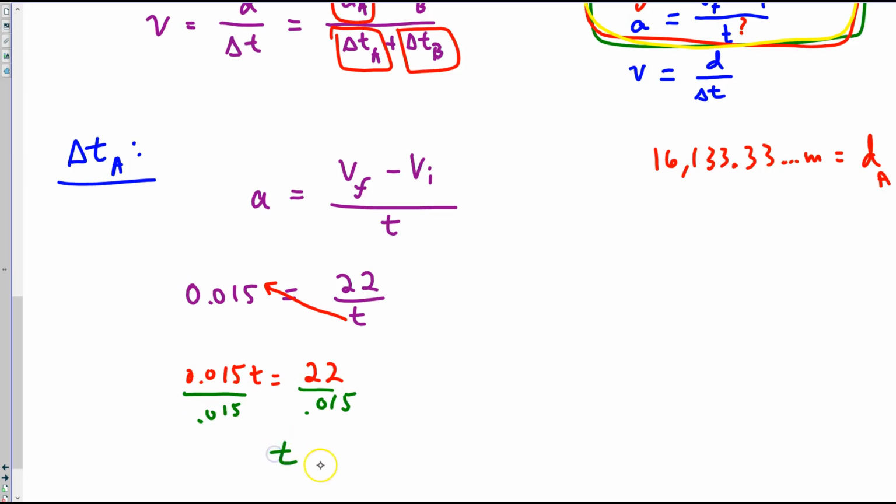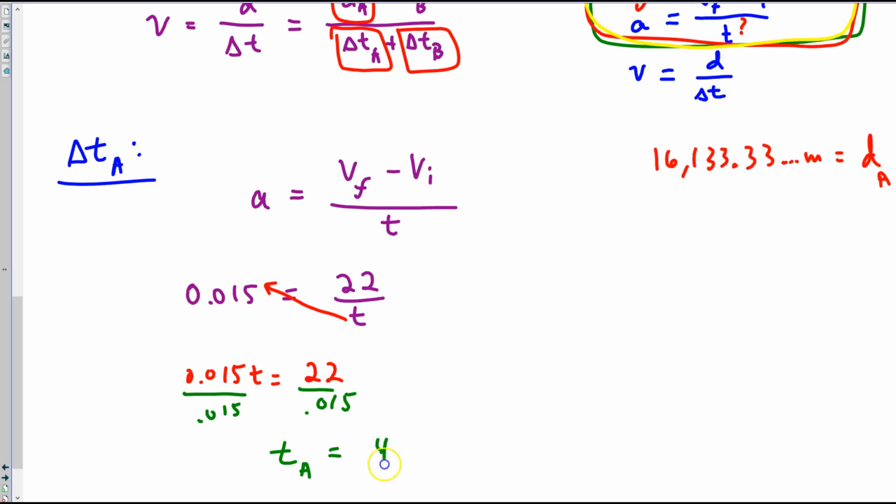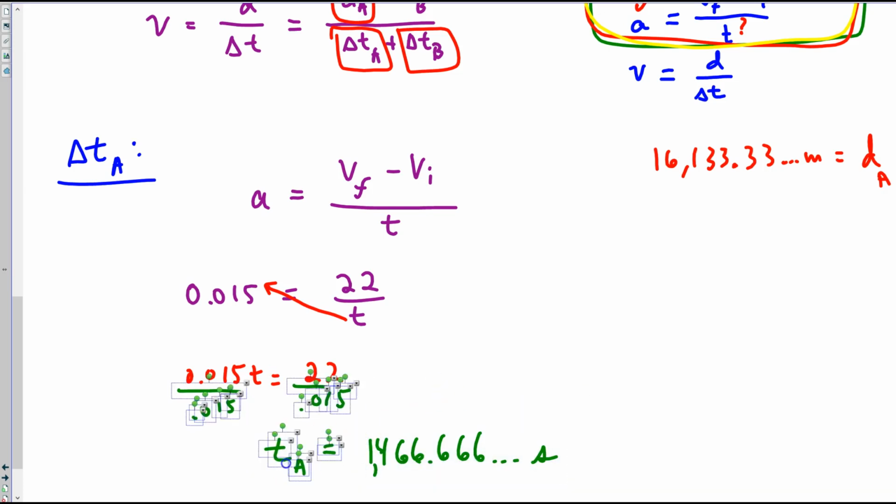And the time interval for segment A comes to 1466.6 repeating seconds. Okay, wonderful. We're getting close.